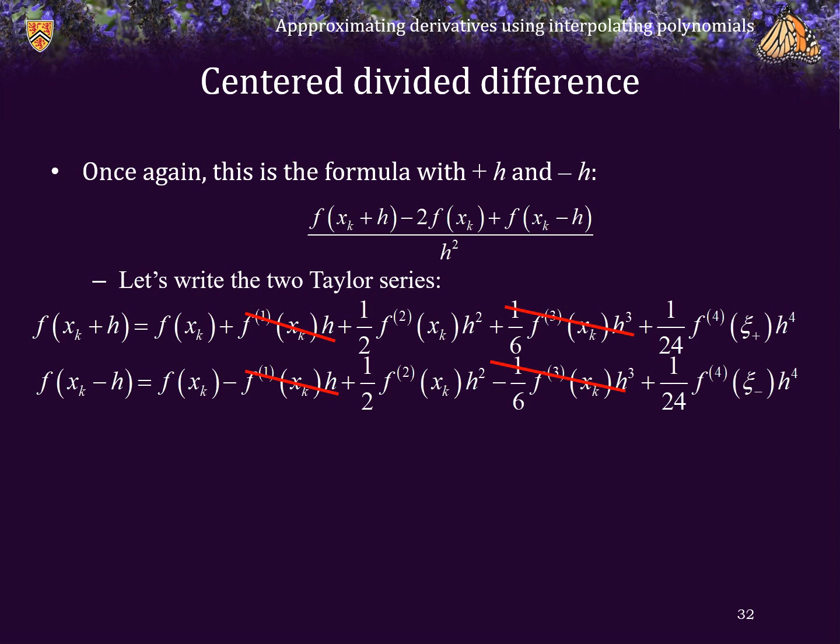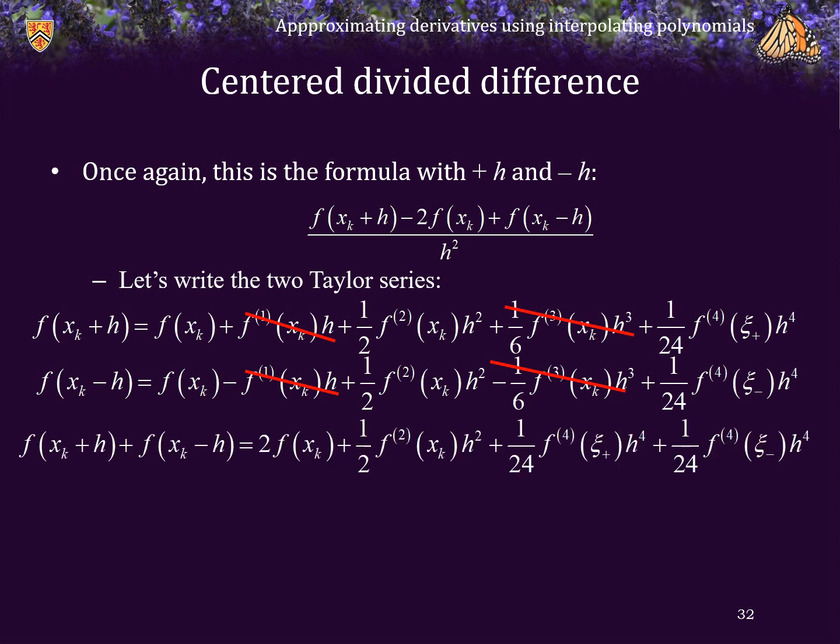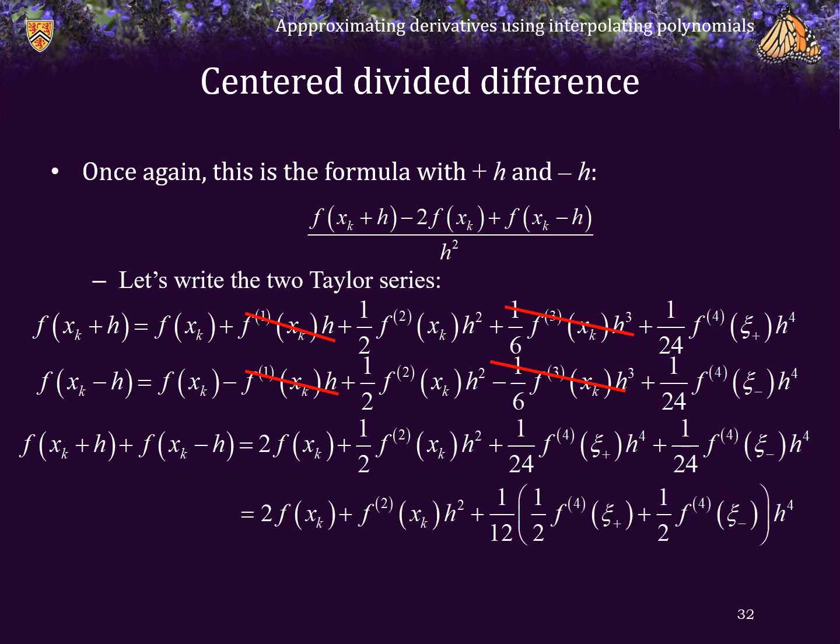The third derivative expressions cancel out, and we add the error terms. All right, now let's factor out a multiple of the error term in order to get a weighted average of the fourth derivative.